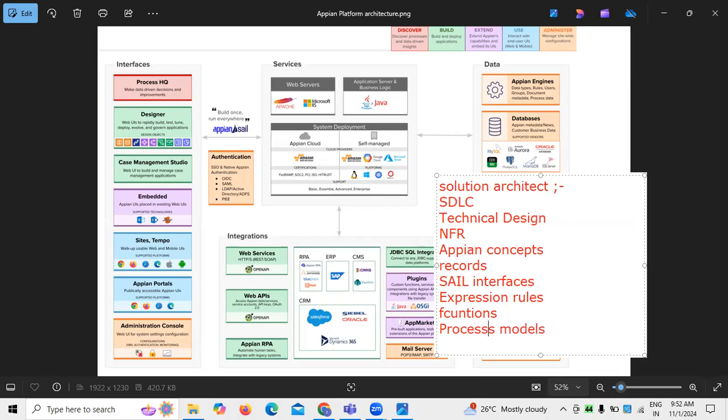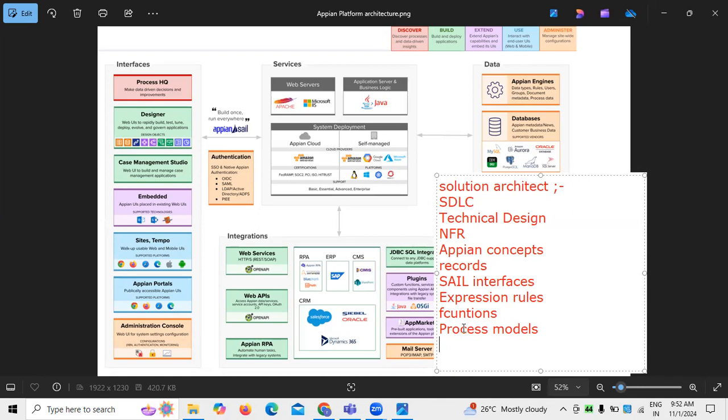So understanding as well as creating the process models is also one of the key and important elements we need to know. At the same time, we need some knowledge of deployment using any kind of pipelines or integrations. And as part of integration, we create different APIs. Web APIs are what will be created.